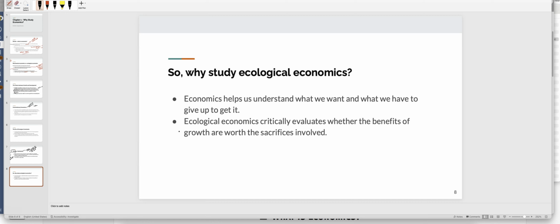Ecological economics differs from that in the sense that it looks at whether this relentless pursuit of economic growth is worth the sacrifices for the environment and our own personal human well-being that it seems to depend on.